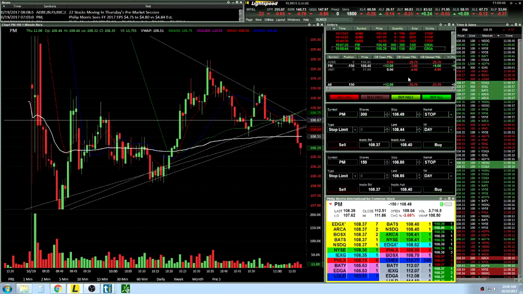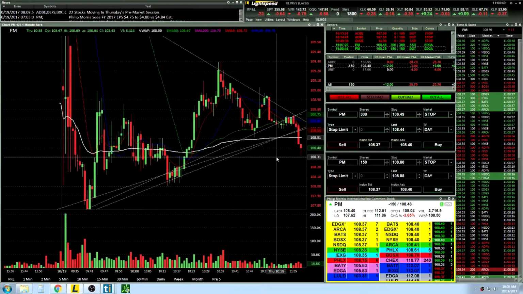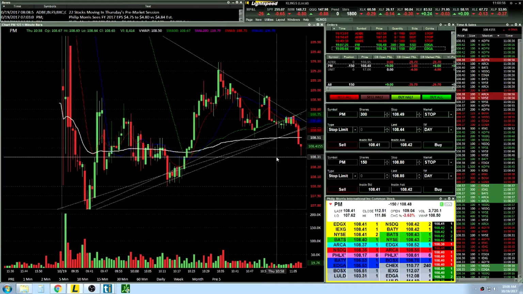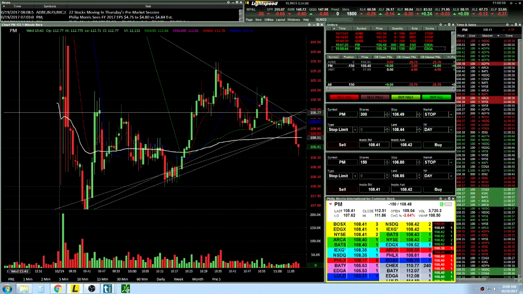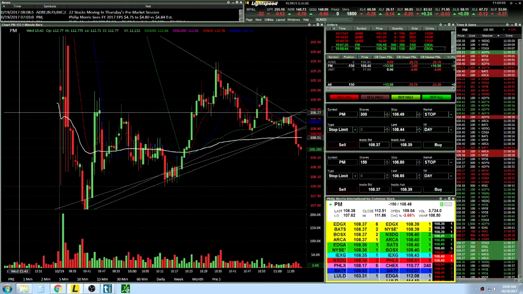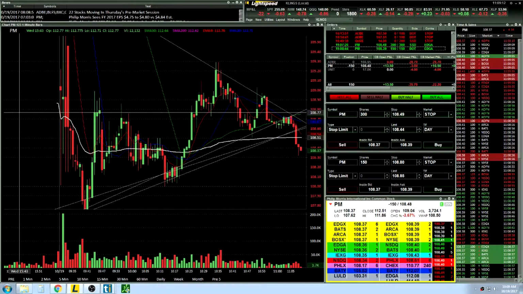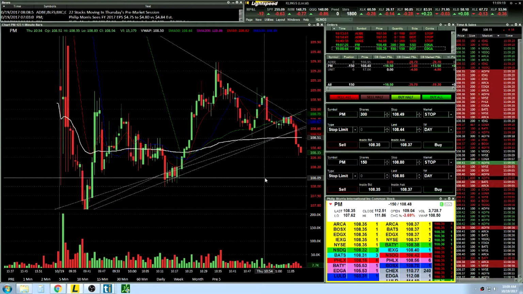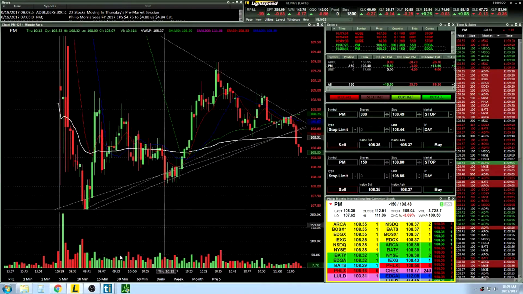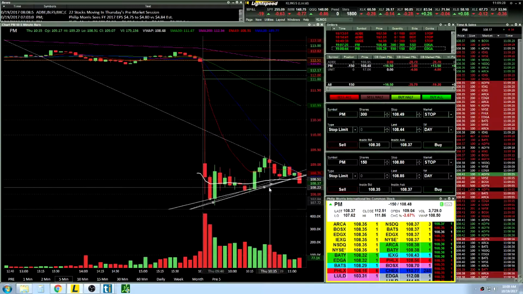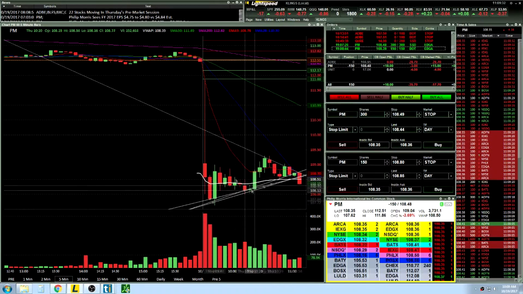It's done a little bit too much for me, just gonna take half. Going back to the fives, we got about that 20 until we start seeing that takeoff where it took off last time from the other triangle that I missed.